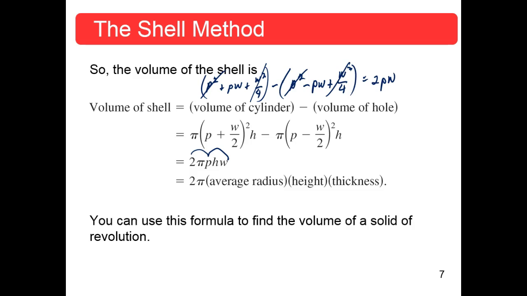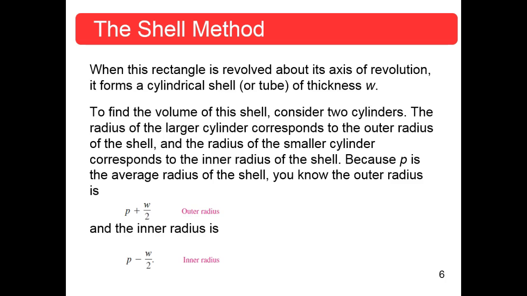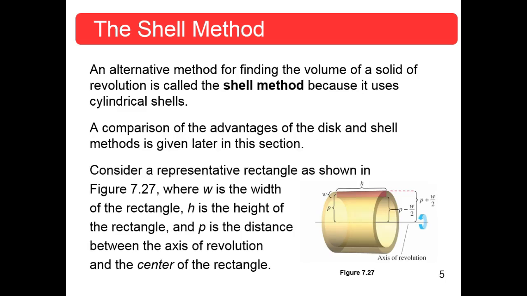And W, h times W is the height times the thickness, which basically is the area of that little rectangle. So let's go back and see. 2 pi times the average radius, P, times h times W, which is the area. So in other words, you're taking that area, revolving it around here, and by the way, what's 2 pi times this P here? 2 pi r.